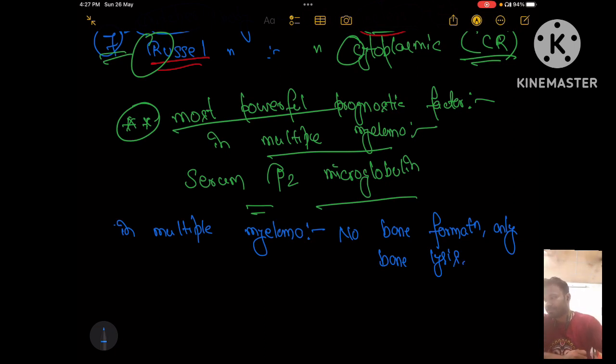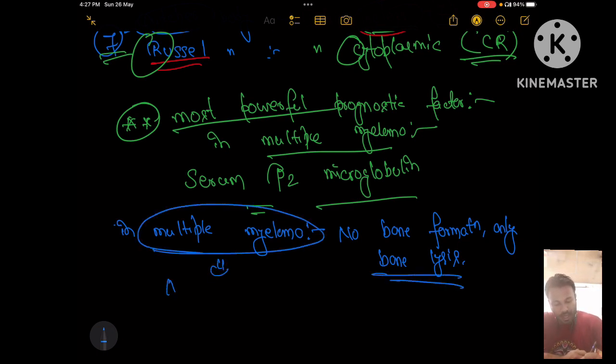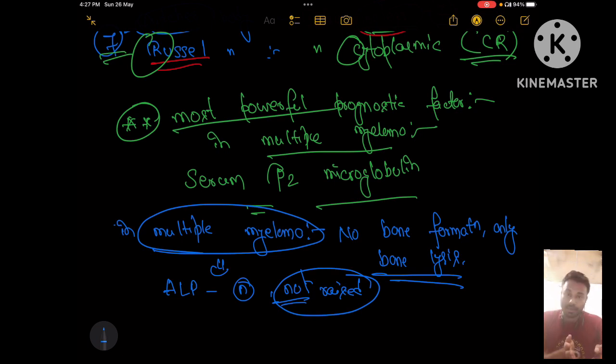So in multiple myeloma, ALP, alkaline phosphatase, is normal, not raised. But ESR, erythrocyte sedimentation rate, is increased.